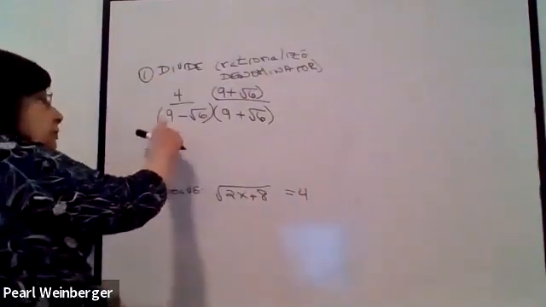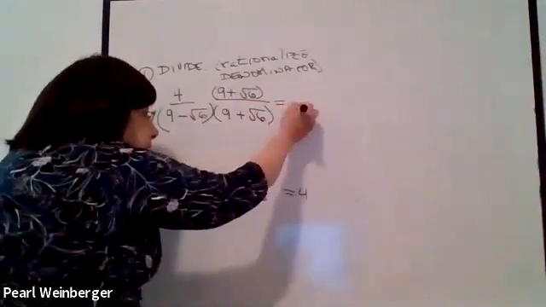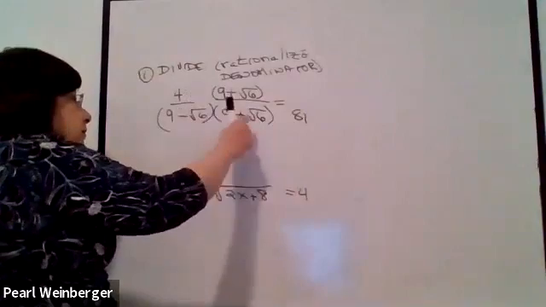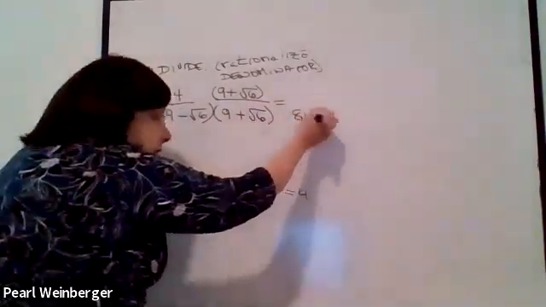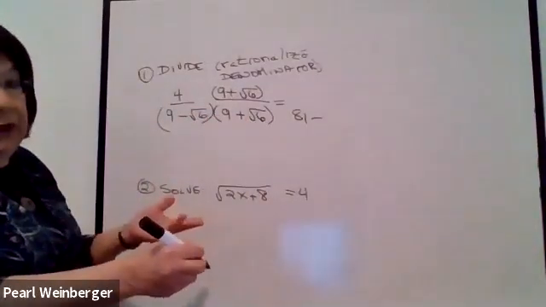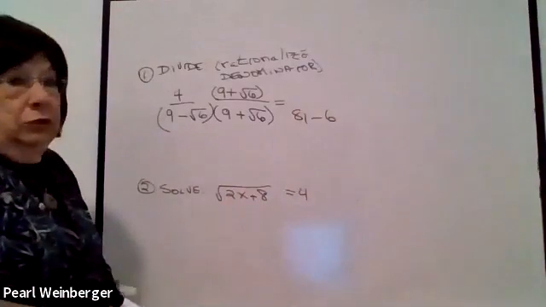So all I have to do is the first, the 9 times 9, which is 81. And the last, the negative times the positive is negative, and square root of 6 times square root of 6, remember when you're multiplying a square root by itself, it just gives you the number without the square root.